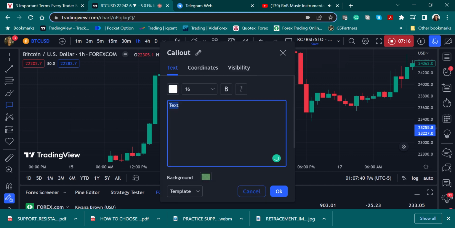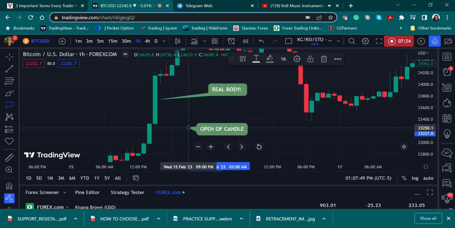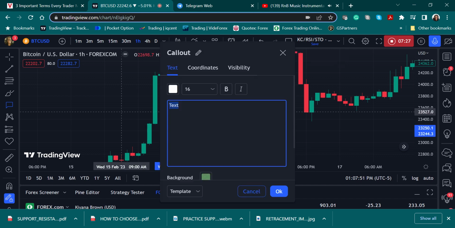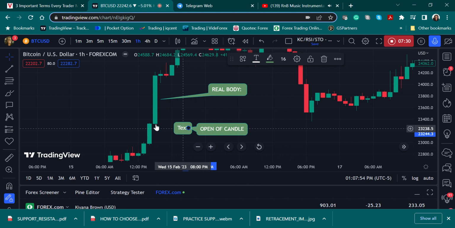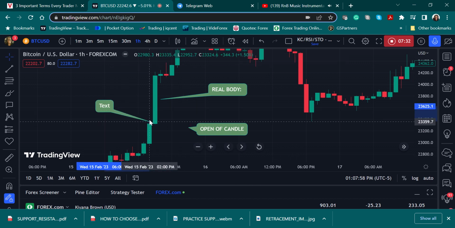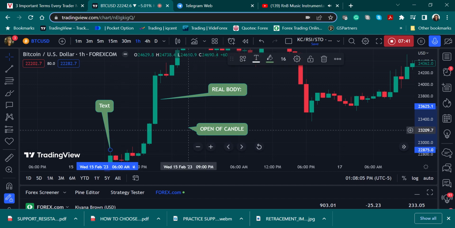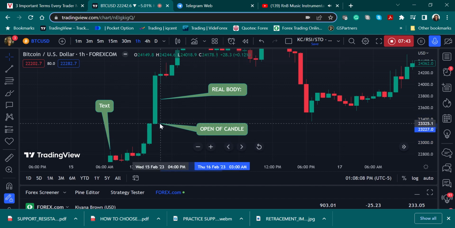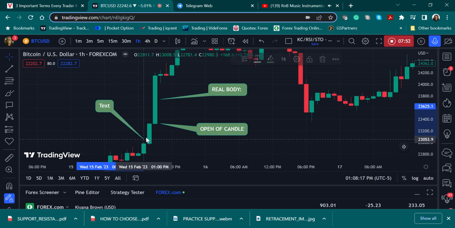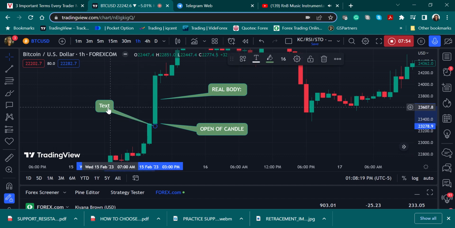And then we have the opening at the bottom, so this will be considered the open of the candle. This right here is an upper wick, and this little piece right here is the lower wick.